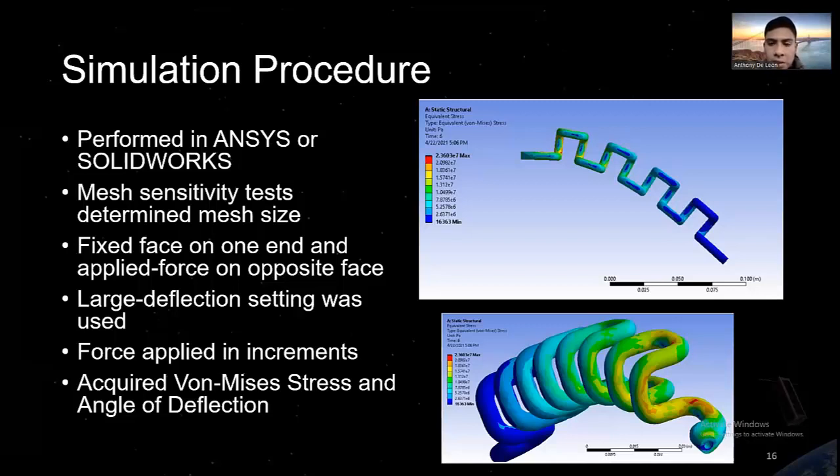As you can see, a quick glance of how the stresses work in this simulation is that most of the stresses will be at the fixed end. And that's one important observation that can be seen from the simulation. And that was the purpose of simulations, to understand the behavior of our flexures.